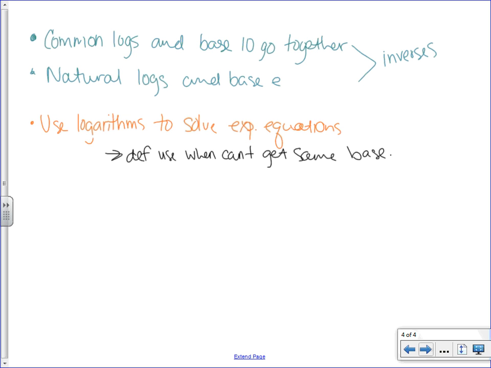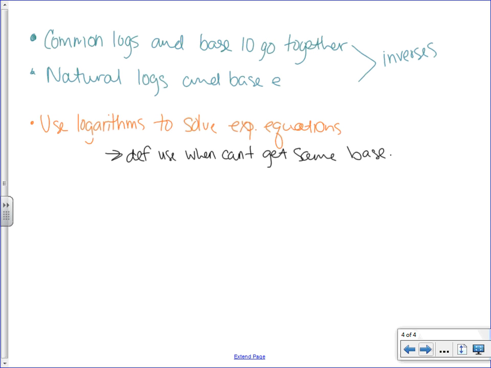So this is really handy if you guys are bad at identifying how to write two things with the same base. All right? If you can't do it, use logarithms, as long as the directions don't tell you to explicitly do it without logarithms. All right, so this is a really nice tool.